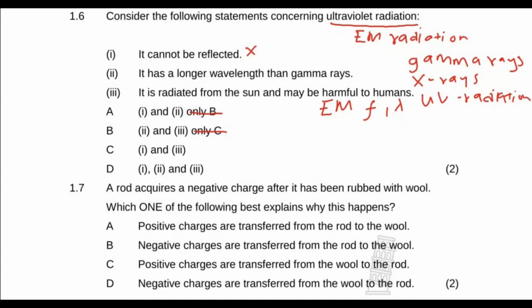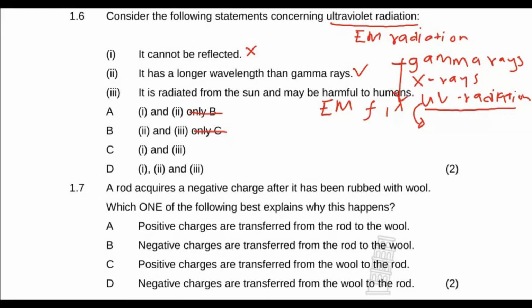So this is in terms of increasing wavelength. It means that gamma rays actually have a shorter wavelength. They have a very high energy, but they have a very short wavelength. So this tells us that UV radiation actually has a longer wavelength than gamma rays. So this statement is actually true.